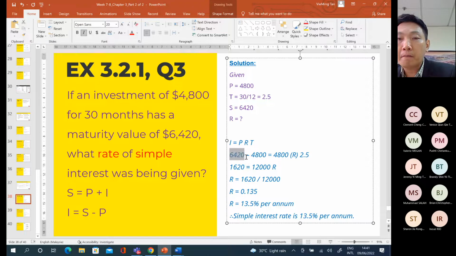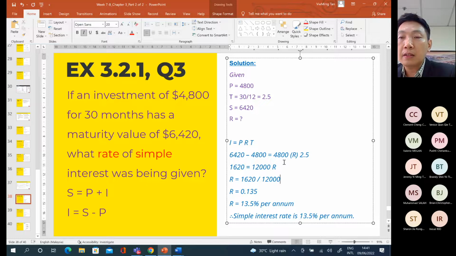Okay. So I is equal to S, 6420, we put here. P is 4,800, put here on the left-hand side, right? So on the right-hand side, the P is 4,800, put here. R, we don't know the value. T is 2.5. Okay, we simplify first. So once simplified, on the left-hand side, we can subtract these two numbers, becomes 1620.